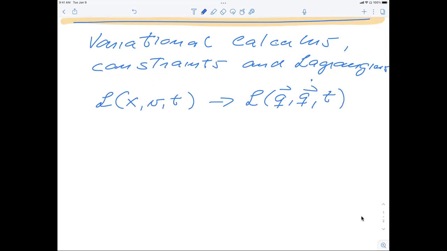In principle, q can be represented by many variables. So we would not be limited to, let's say, x, y, and z, but we could have q1, q2, q3, etc., up to q of n.